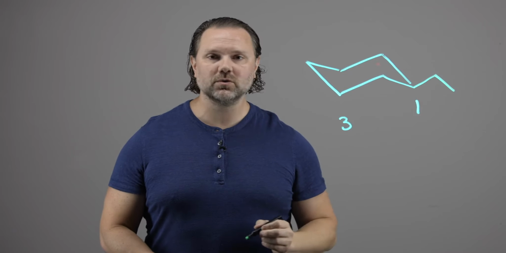So if I've already used these set of lines, the other set that's parallel that I haven't used is this set right here. So I'm going to draw a bond parallel with those lines, and I need it to be 2 carbons long to be an ethyl group. There we go. We've got our ethyl group at position 1, and I've put it in an equatorial position. And we recognize at that position, it is equatorial pointing up.